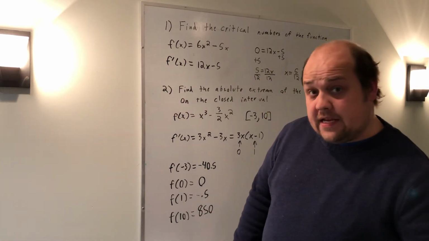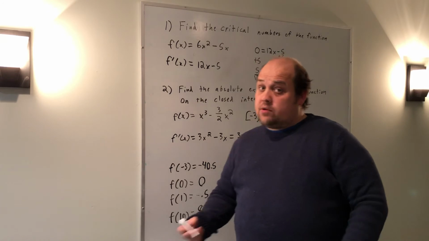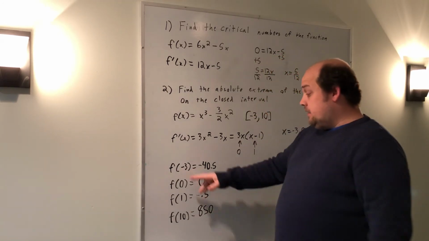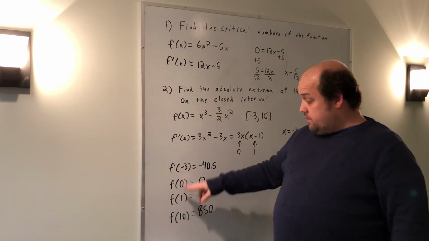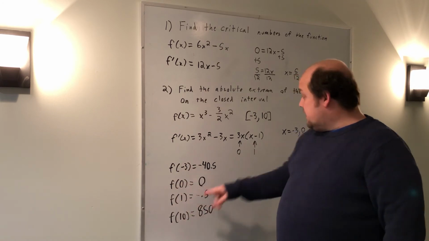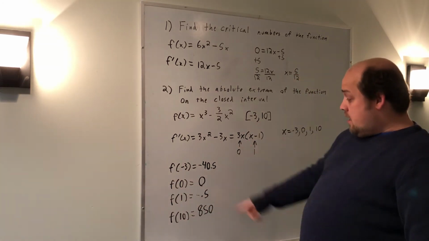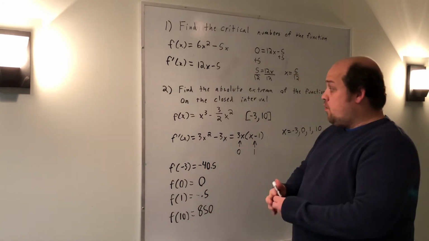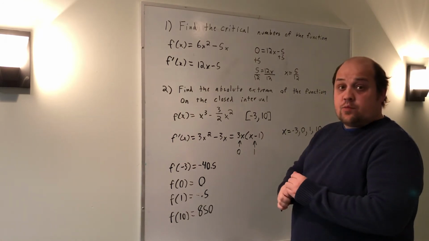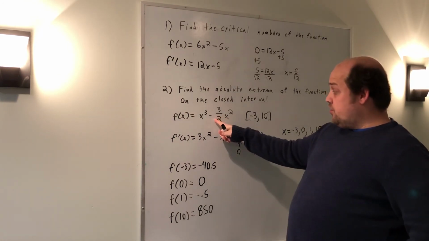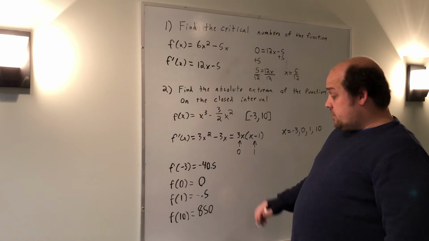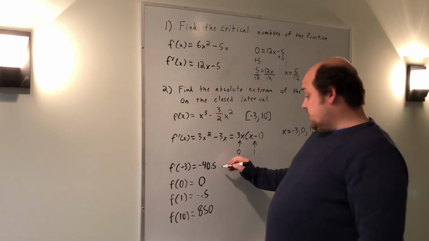So the first thing I did was find what the critical numbers were. I then made a list of each of the critical numbers and the 2 endpoints of the interval since they were bracketed. I look for what each of these x values would produce as a y value in the original equation. I then am going to star the largest and smallest.